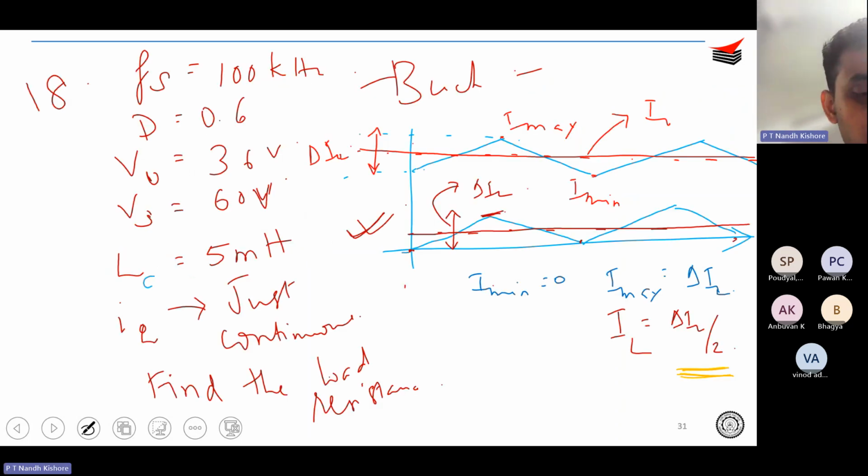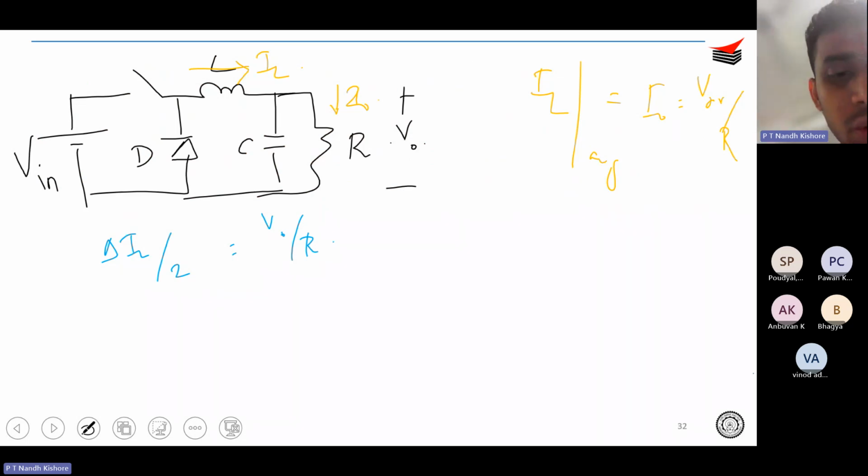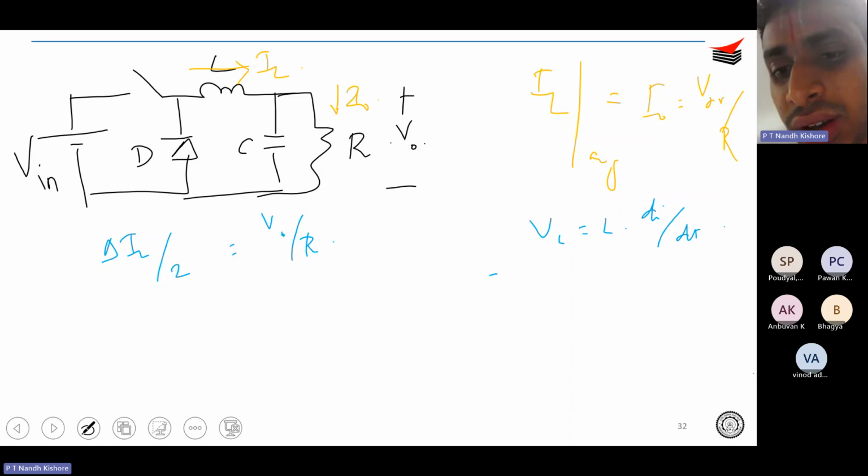Okay. So what is this delta IL? It is again a pretty simple relation. You know that VL is equal to L times di over dt. Therefore, when the inductor discharges, VL is equal to minus V naught.